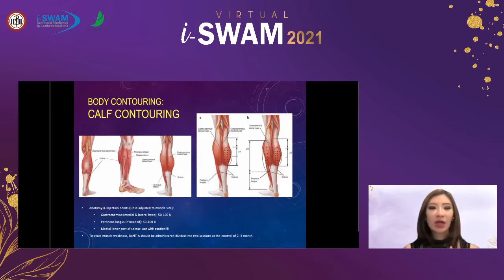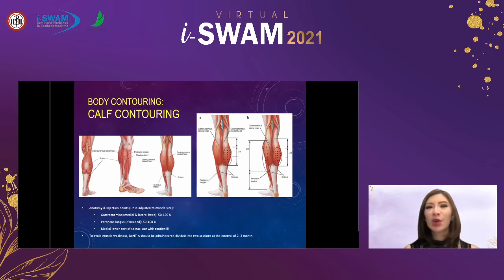As we know, the gastrocnemius has two heads, the lateral head and the medial head. So we have to inject both sides. But what I will suggest is to see which side is more prominent.